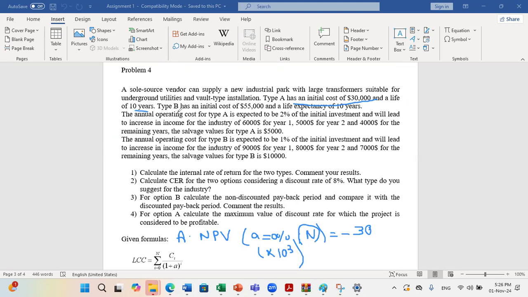I have that the annual operating cost for type A is expected to be 2% of initial investment. So if I do 2 times 30 over 100, it's 0.6 for all years. So minus 0.6.